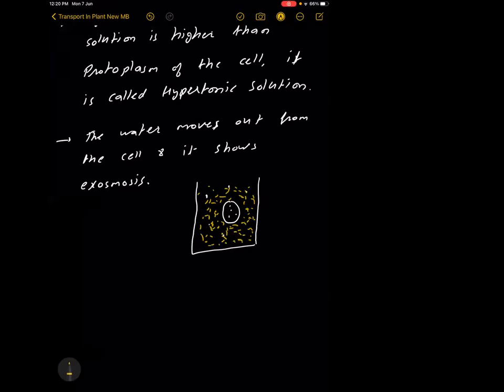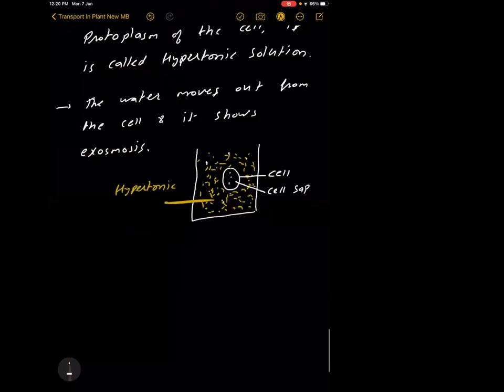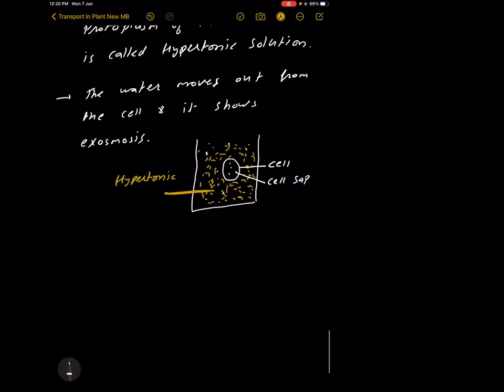This is the cell sap or cell solution. So this outer solution is hypertonic.